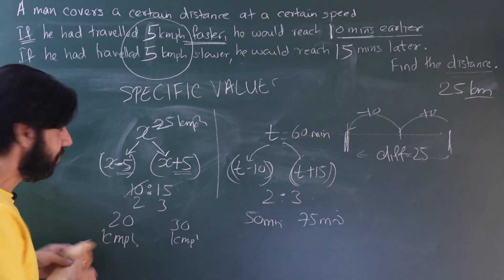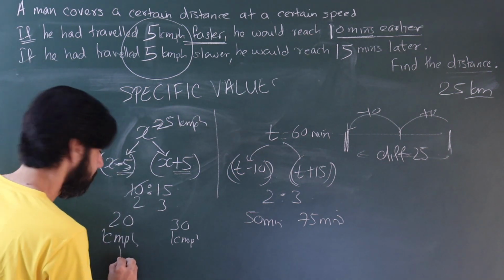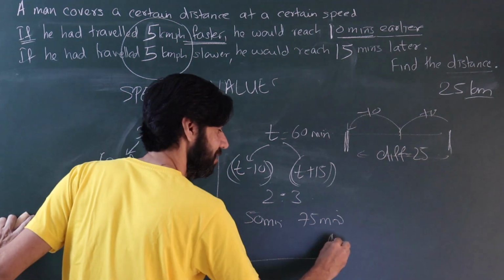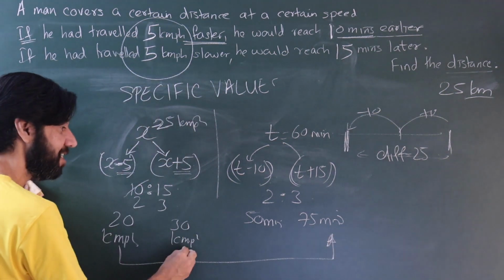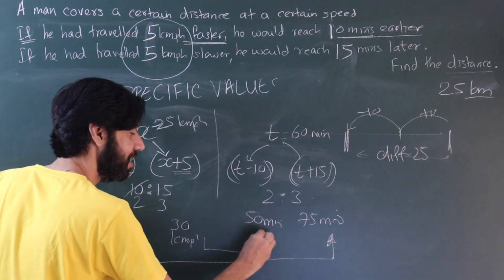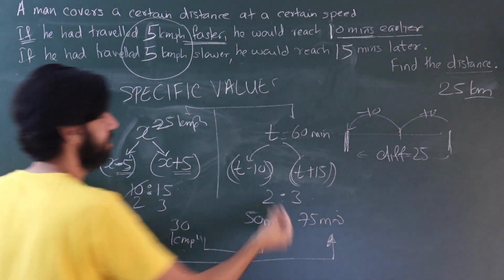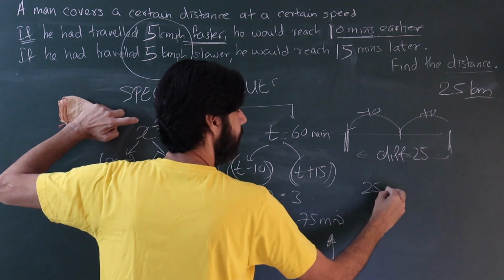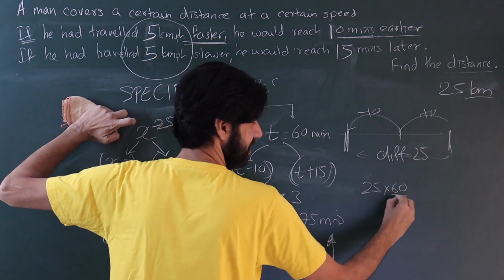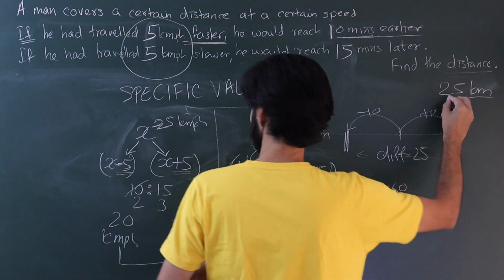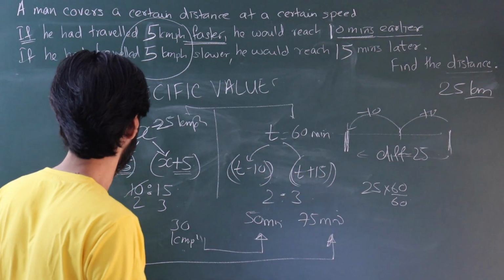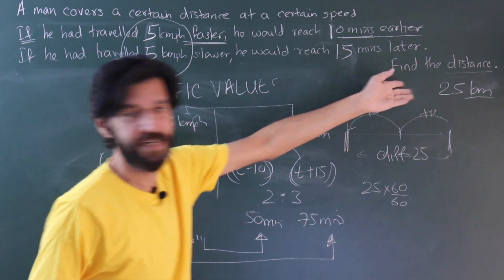Lower speed will get clubbed with which one? Higher time. Higher speed will get clubbed with lower time, and this will get clubbed with this. These all are your distance. Your distance could be anything. 25 into 60 minutes. 60 minutes is 1 hour. So the answer here is 25. We had found that answer earlier, right?